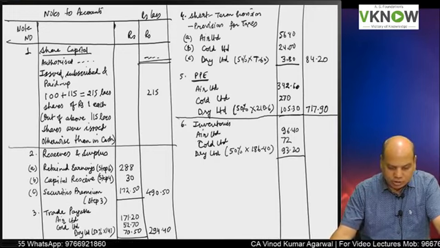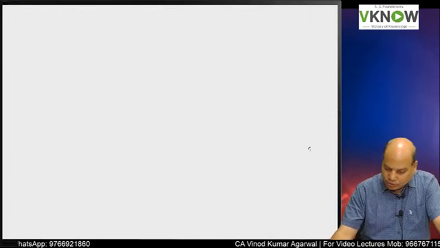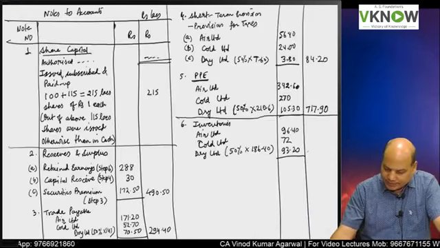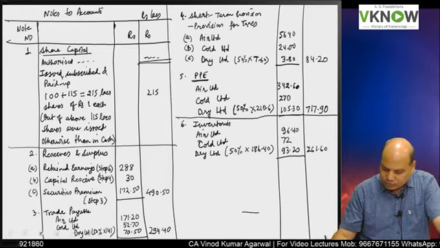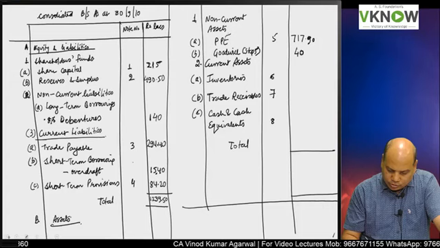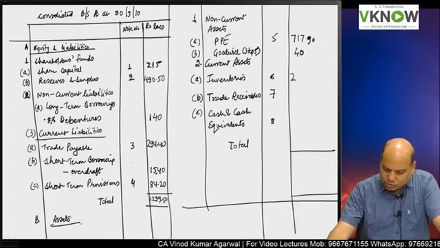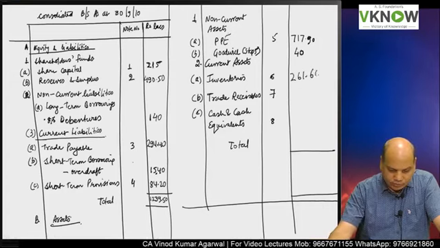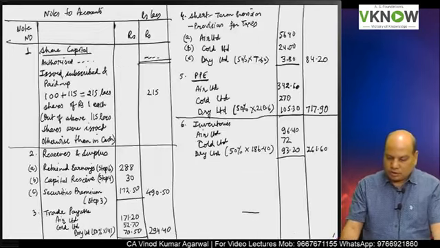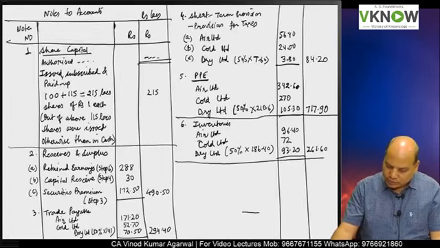Total on the outer column is 261.60. So we'll go to the previous main page, 261.60.